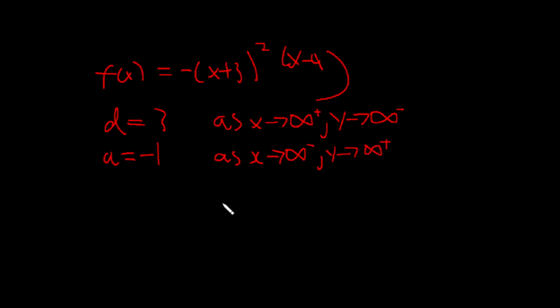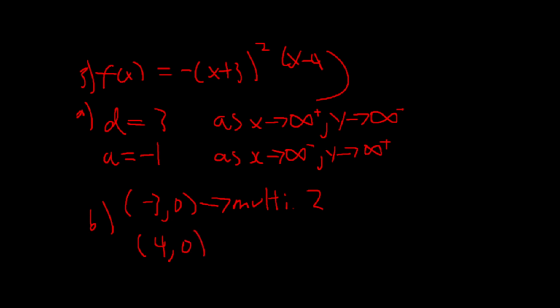So that's 3A. Now B, determine the zeros and state the multiplicity. The zeros of this would be negative 3, so we state negative 3, 0, multiplicity 2, and then we write 4, 0, multiplicity 1.